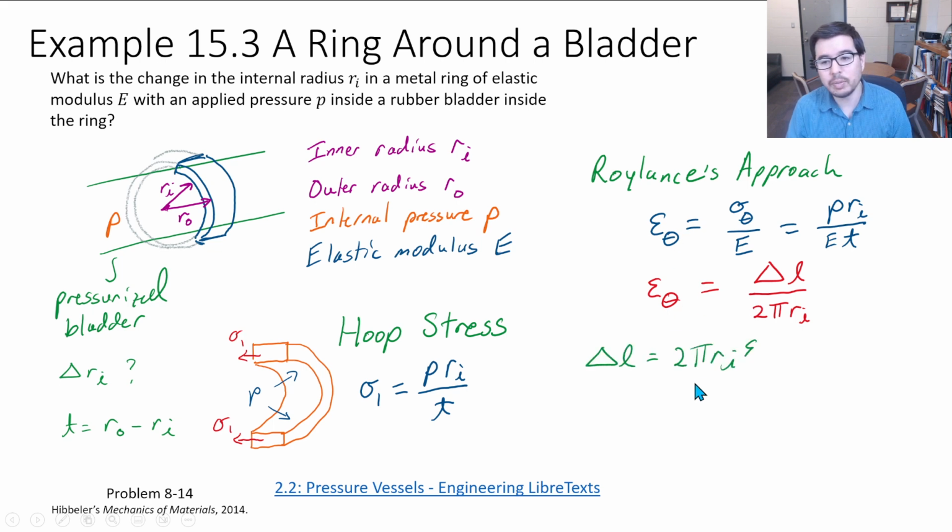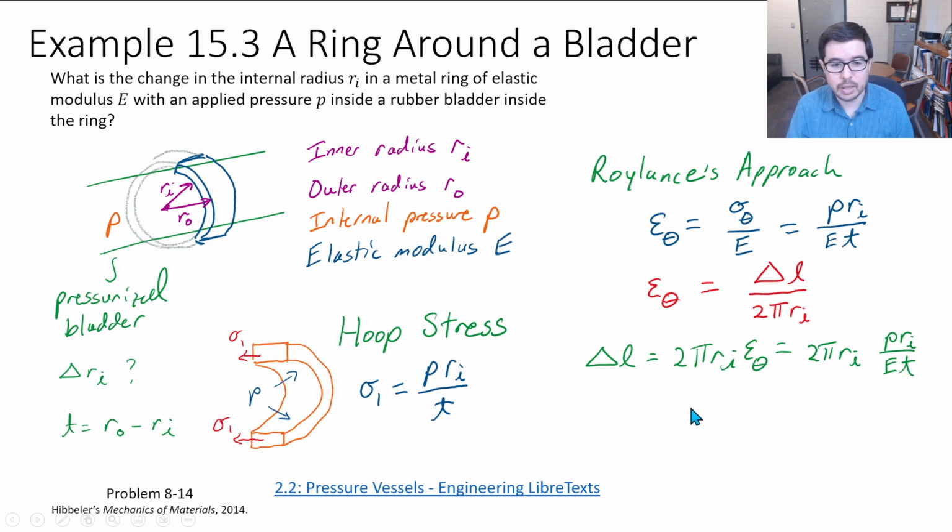And so what do we get? We get that delta L equals this quantity times epsilon theta. And we have an expression for epsilon theta up here, that's PRi over ET. So we write that there, 2 pi Ri times PRi over ET.